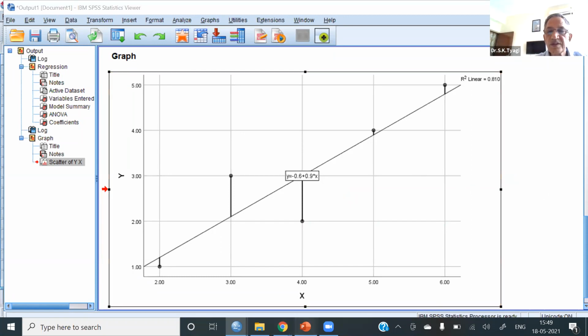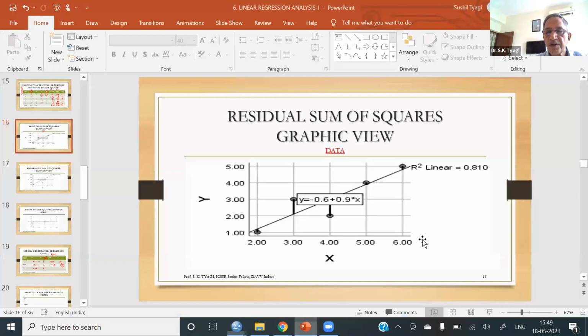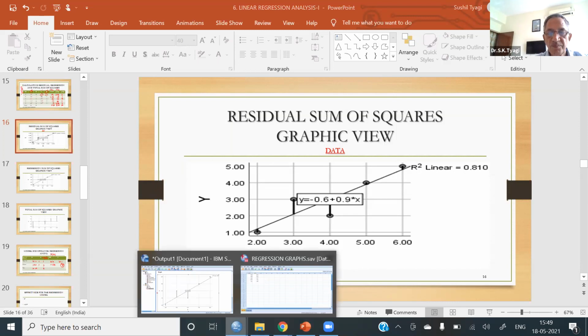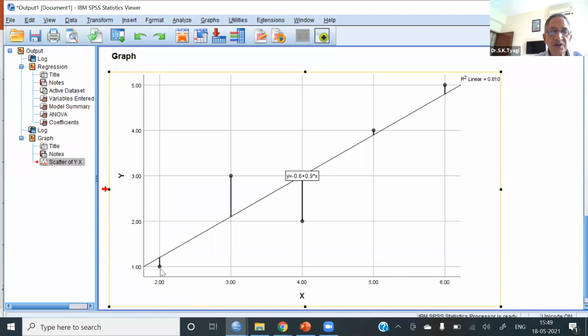So coming to this, although it is better to see here, but here I can't use pen. This is the problem. See, this small circle dot is the value of y when x is 2. This is value of y, and the point where it intersects the regression line is the predicted value.